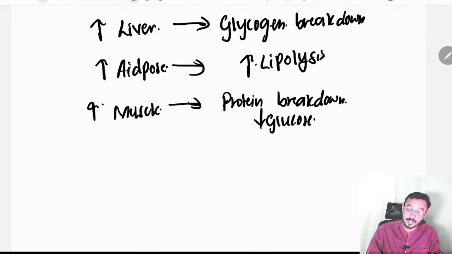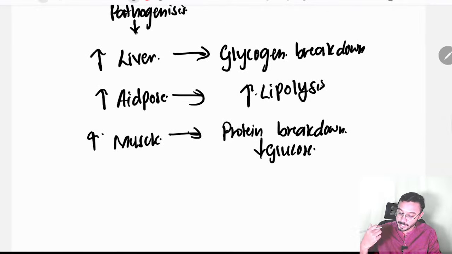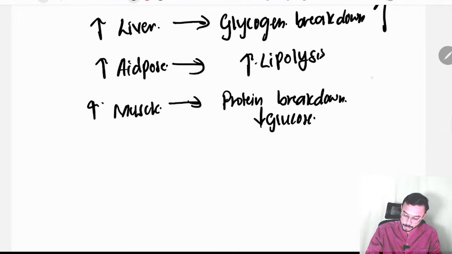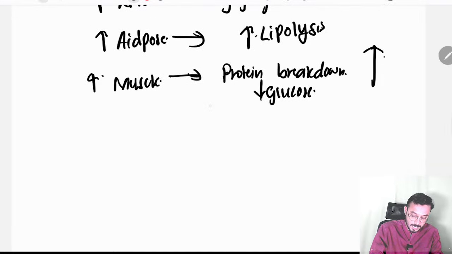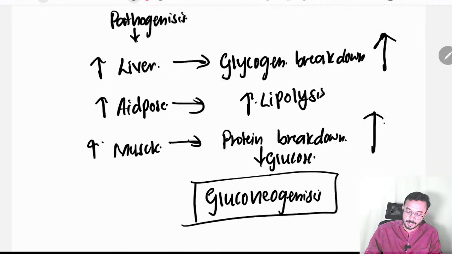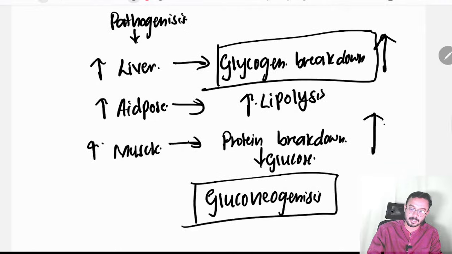So that's why in a diabetic patient, look at the condition in the liver: glycogen breakdown will happen, which leads to increased glucose, and in the muscle also protein breakdown will happen, which also leads to increased glucose. This is what is responsible for gluconeogenesis, right? So these factors raise the blood glucose level.